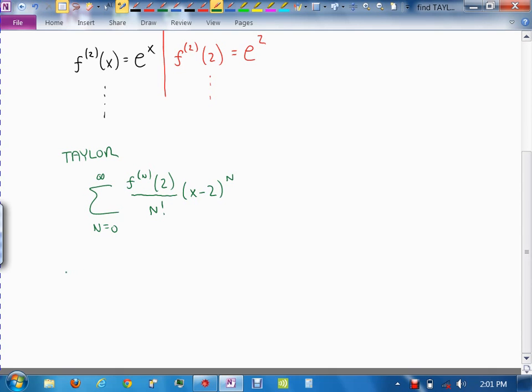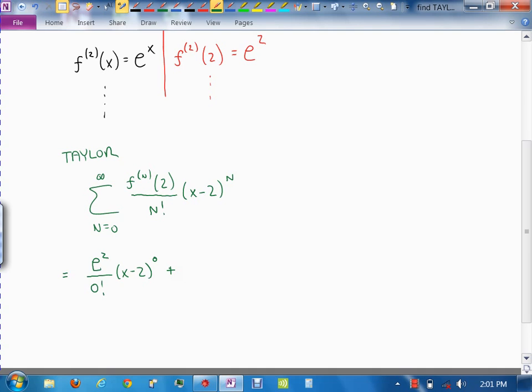So let's start writing these out. What's the 0th derivative at 2? E squared over 0 factorial, x minus 2 to the 0. Plus, now I'm going first derivative. So this time I'm not writing them out. I'm not writing the f0, f1, f2.